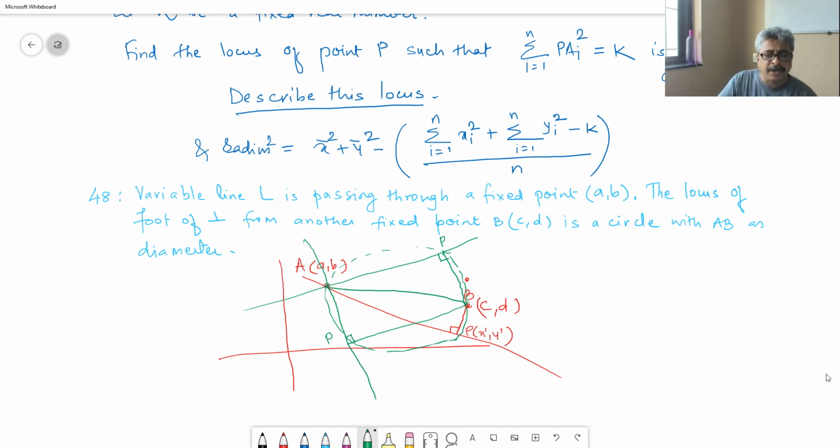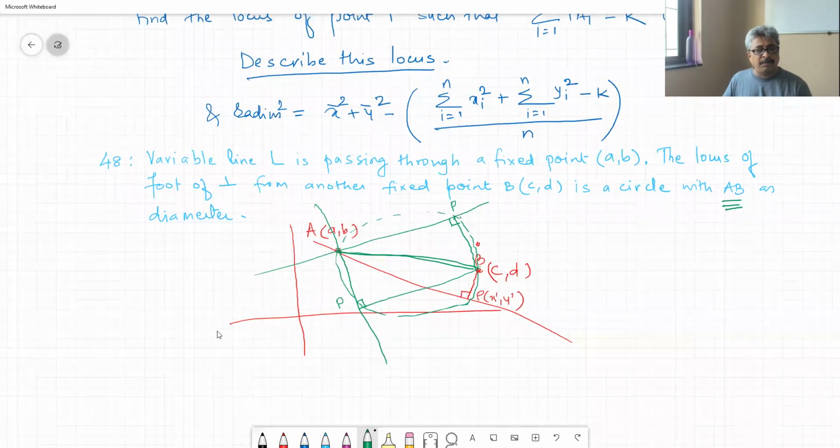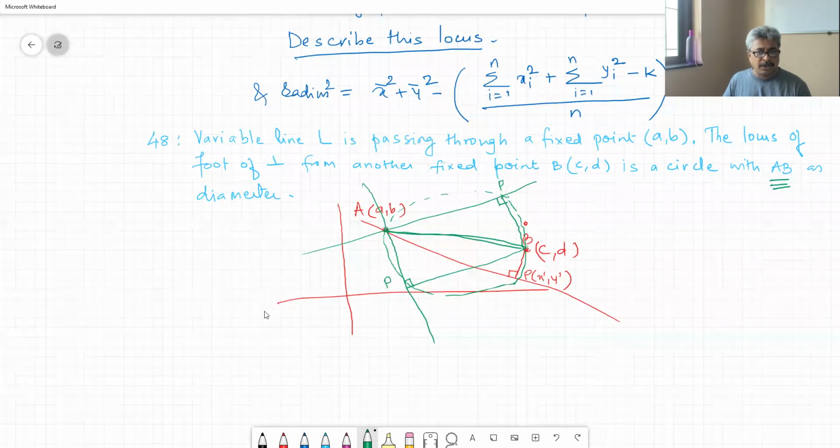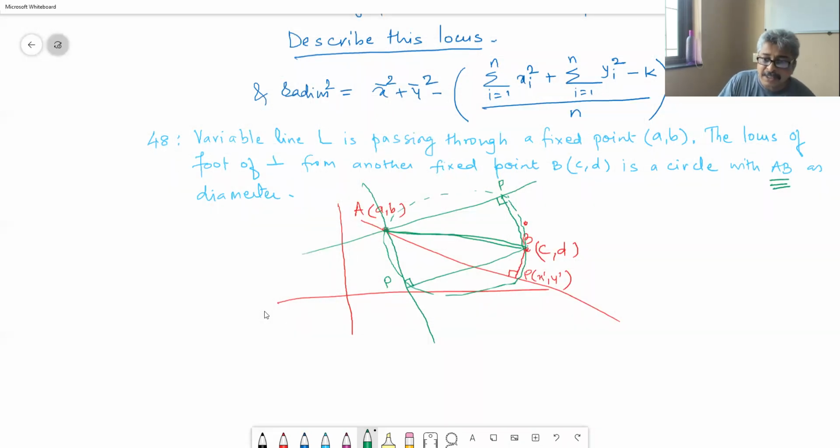Easy. If you have been given a problem like this, you should directly write down the equation of the circle, because A and B are both known to us. Otherwise, this is extremely difficult, because this is a variable line.